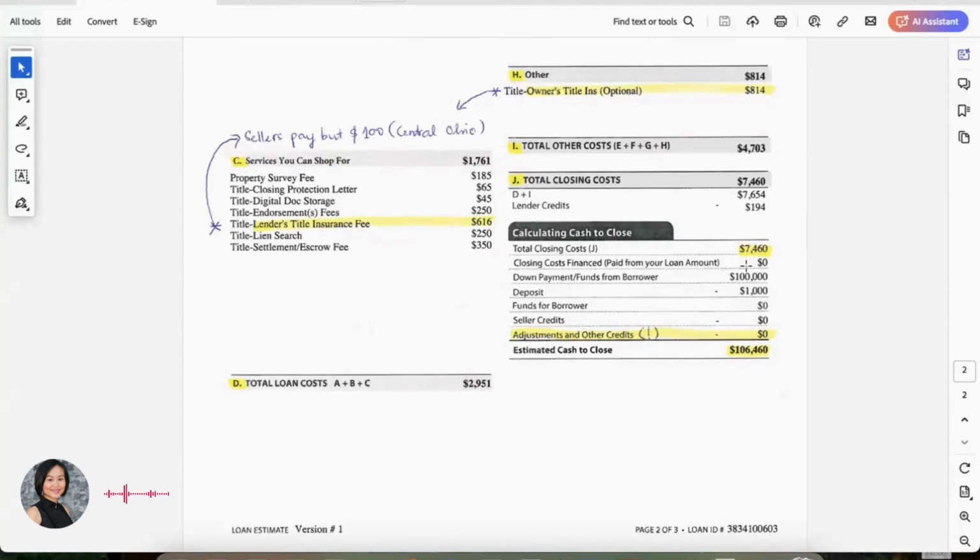Now, in this case, the buyer put down a 100,000 down payment. They put 1,000 earnest money on the contract. So altogether, the estimated cost to close is 106,460. But remember, we have some credit that we talked about earlier. So technically you're not going to have to pay this whole amount before closing.